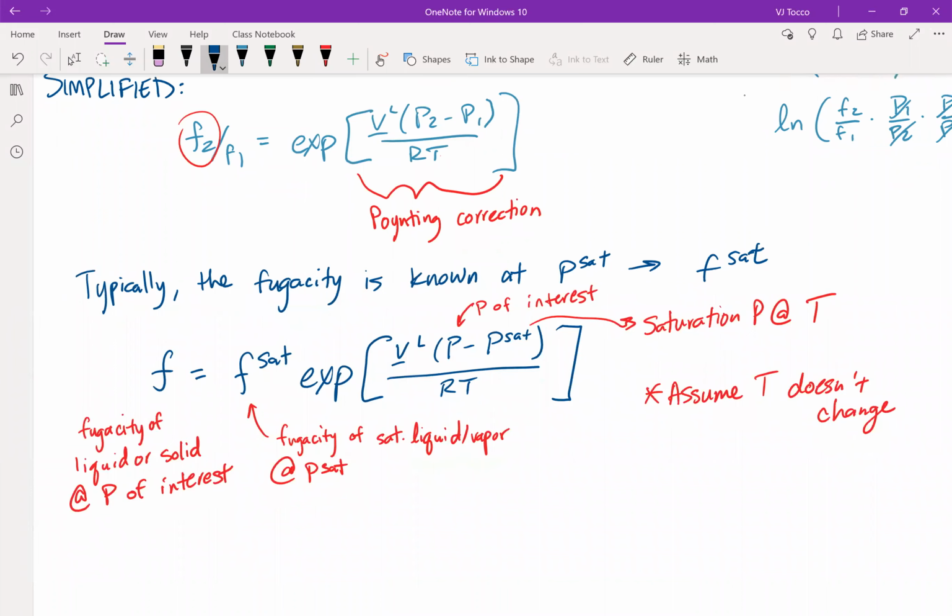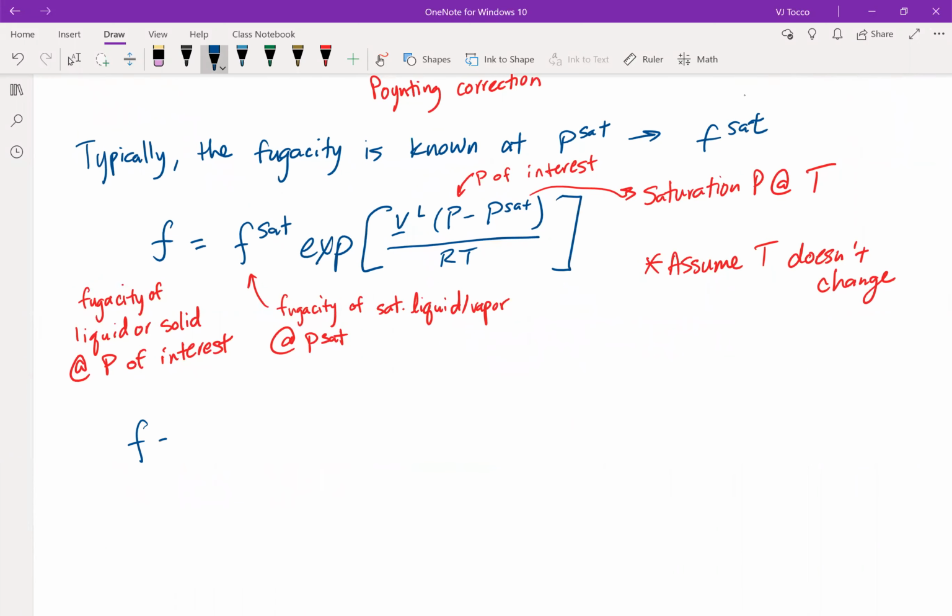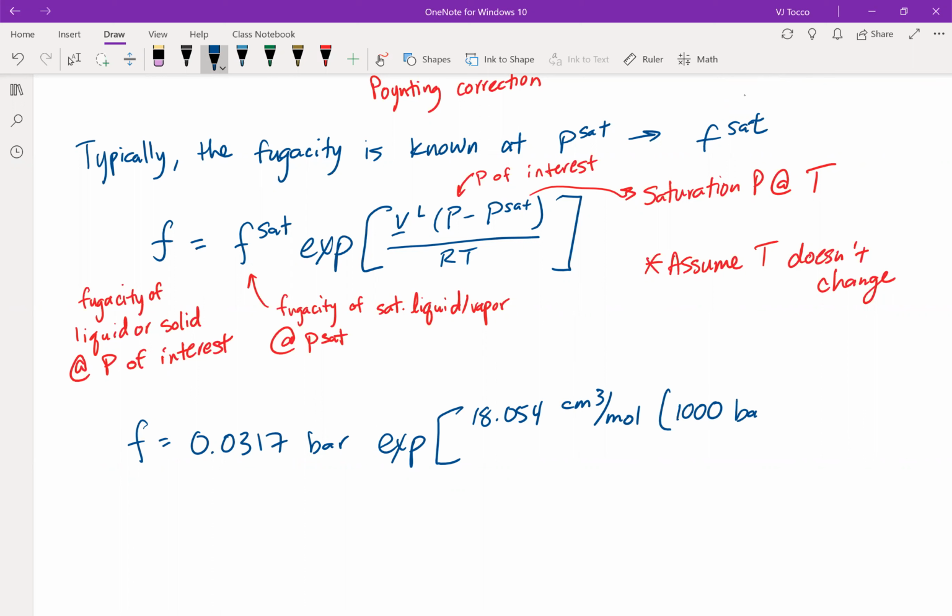I'm going to say that F is equal to F sat, and we said that was 0.0317 bar, times the exponent of the molar volume, which was 18.054 centimeters cubed per mole, times P minus P sat. Remember, the pressure that we want is 1,000 bar.